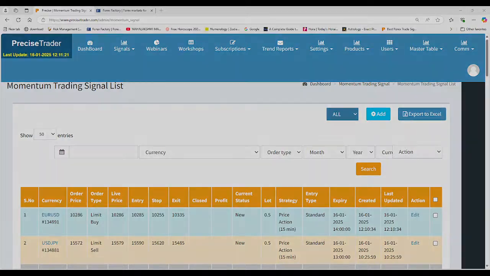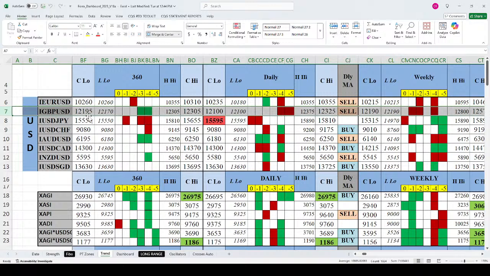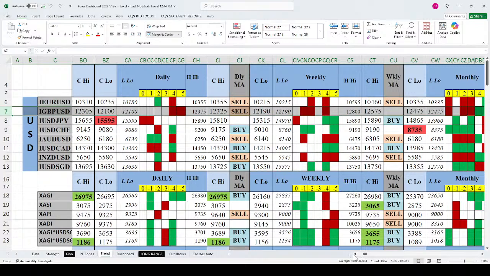So the next one, we are going to look for pound. The trend shows that your 360 is flat with an upside bias, and we have two consecutive up closes, which means to say that we may have seen a base. But the difference, if you can see on the euro dollar, the euro dollar has a strong close on the daily, but pound has got a weak close on the daily, and weekly is flat with the downside bias, and monthly is also in a downtrend.